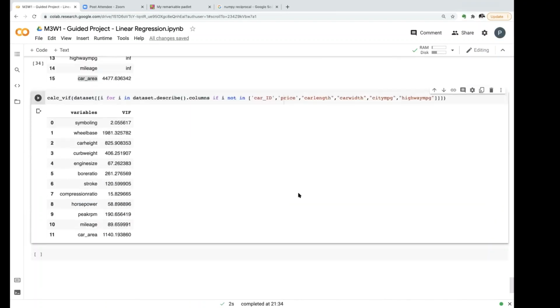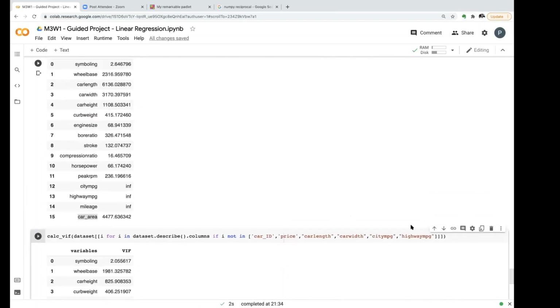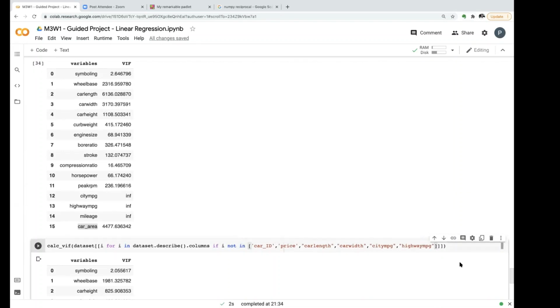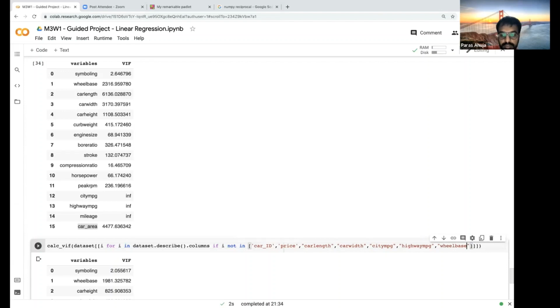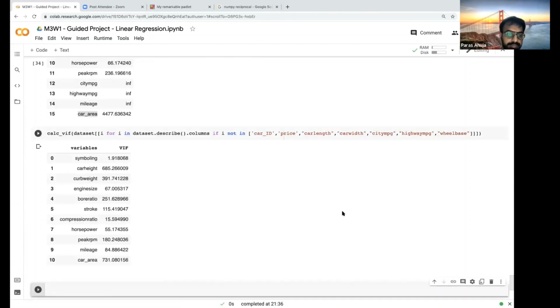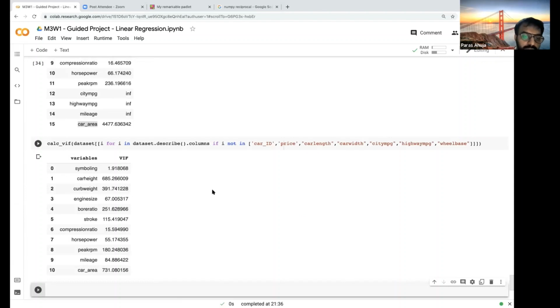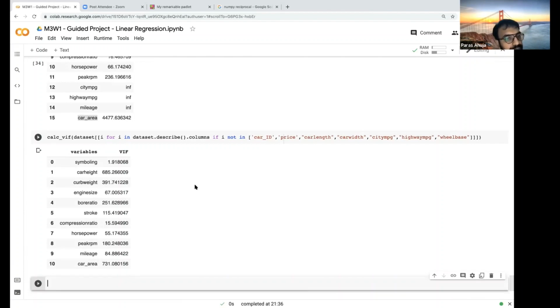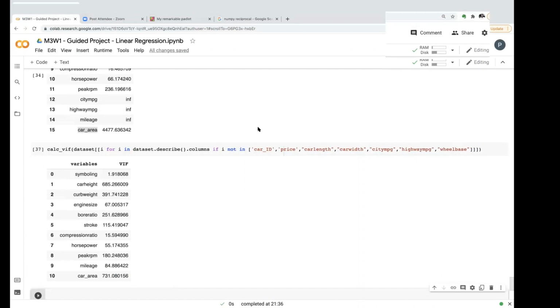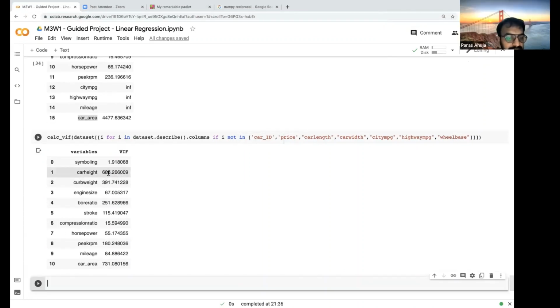So what I'll do is I'll remove wheelbase, right, and then run it. Next, what do you think? What should we be doing? Car height and car area. Car height and car area, right?